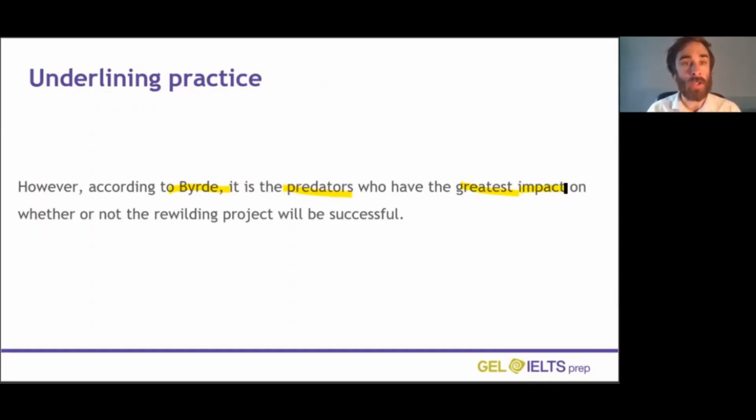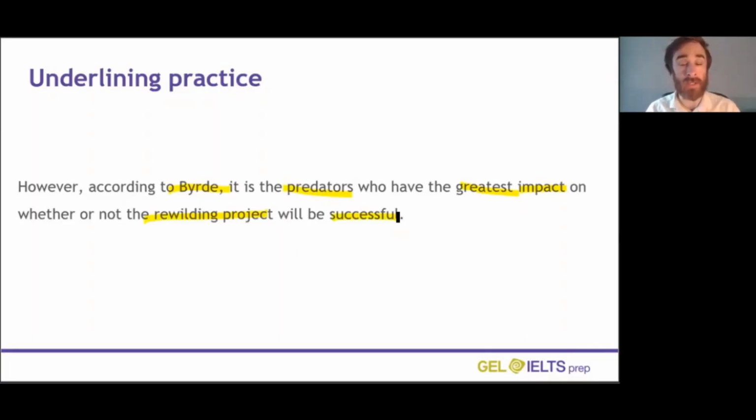On whether or not the rewilding project, this is a whole noun phrase. So it's a project about rewilding, so we can treat it as one word. And finally, successful. So we're determining whether the project is successful, and it's predators who have the most effect on this. Who says this? Bird.